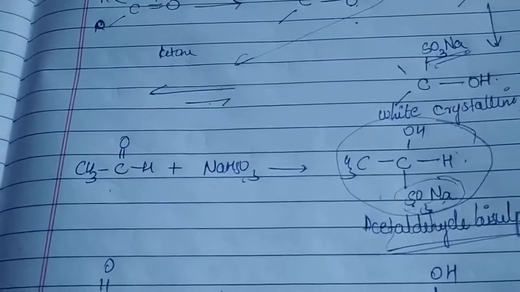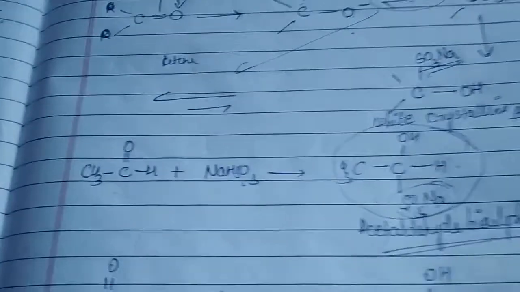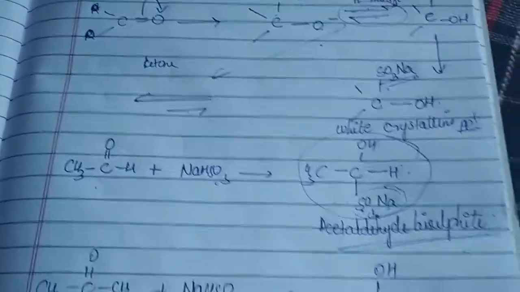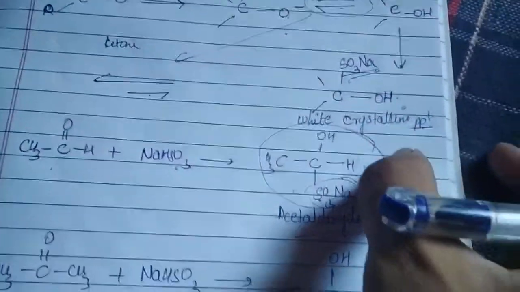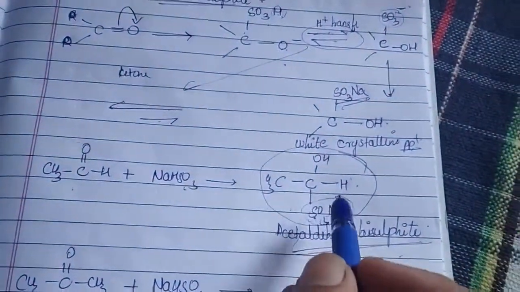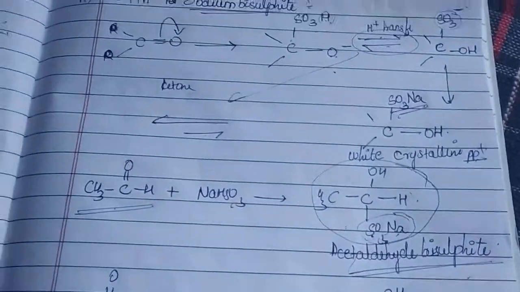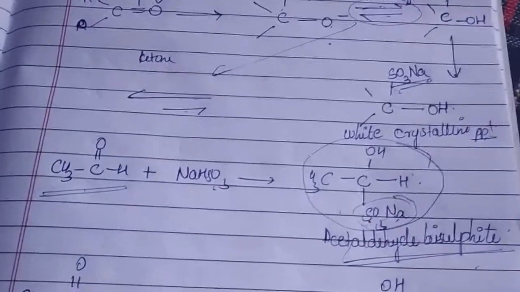That is the main reason it is used for purification and separation of aldehydes. If you treat this addition product with dilute H2SO4 or dilute HCl, it will take a proton and once again give you the respective aldehyde. So that is the reason we can easily separate aldehydes from ketones.